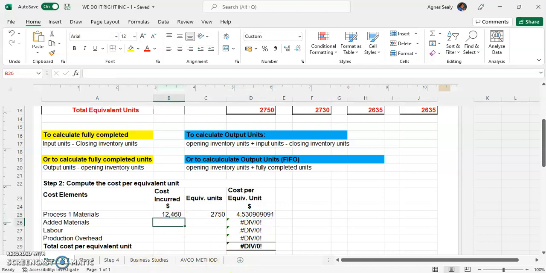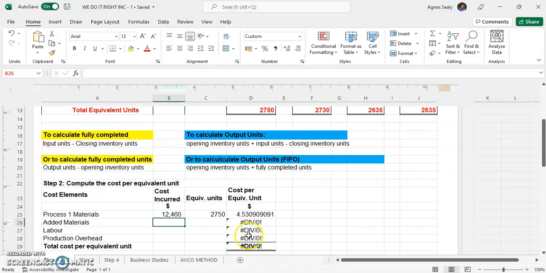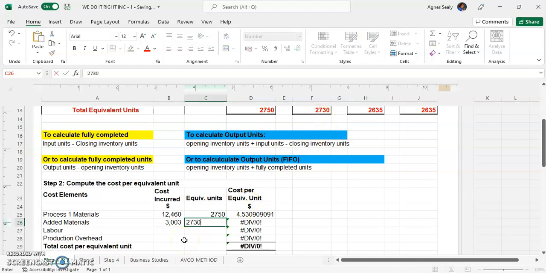So what is the cost for added material? Our added material cost was $3,003. So process 1, $12,460, added materials $3,003. And the total equivalent units for added material is 2,730.